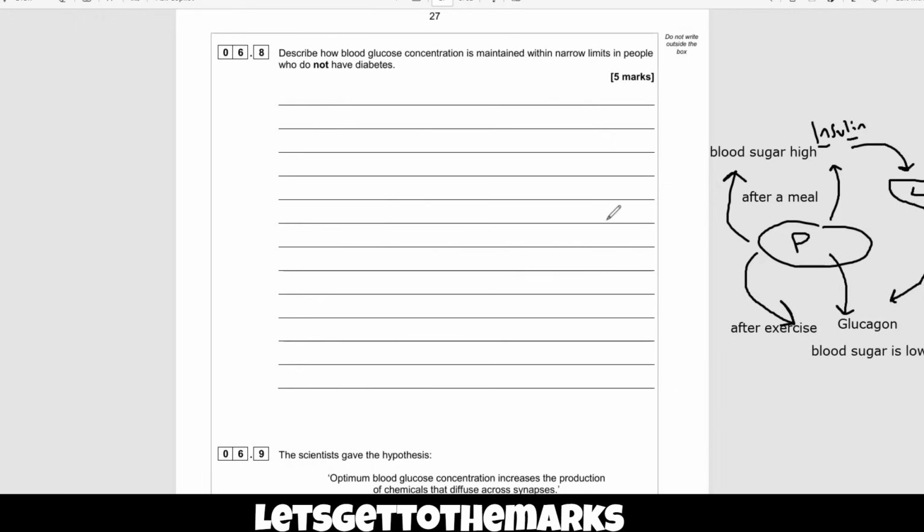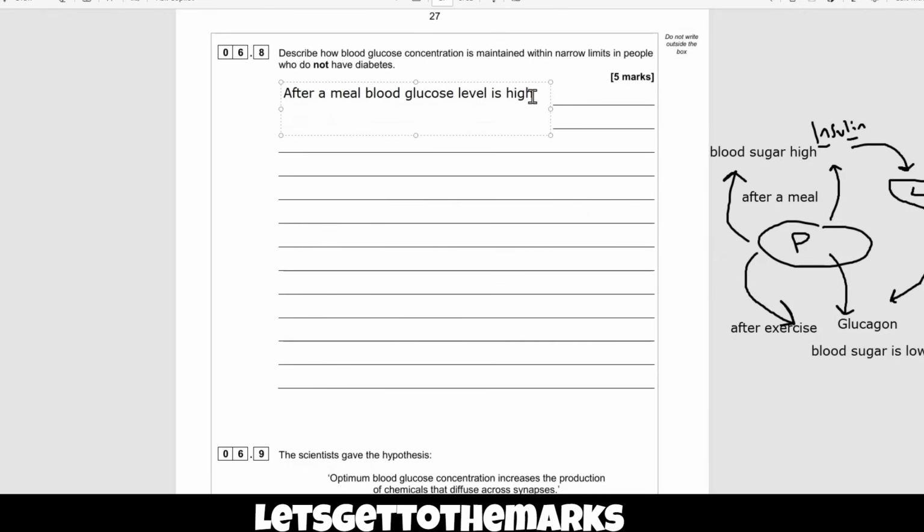Anyway, that was some crusty diagram. Let's just put that down into words. So we want to say after a meal, blood glucose level is high. It's better to use the word concentration, but I've said level.